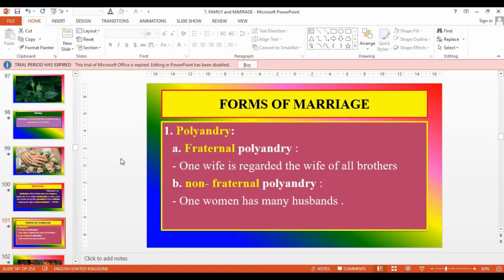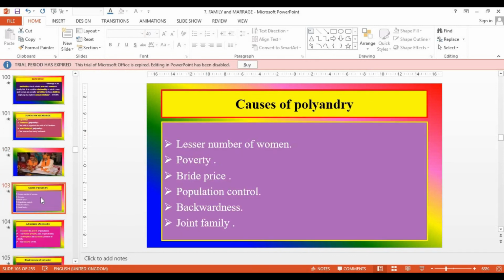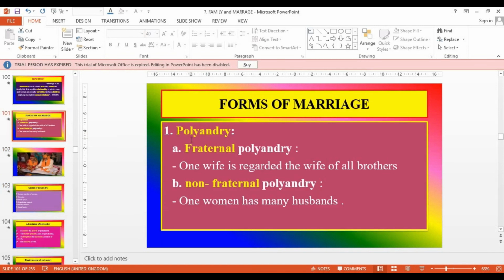Then forms or types of marriage. Polygamy. Polygamy means one man marries many wives. Polyandry means one woman marries many husbands.